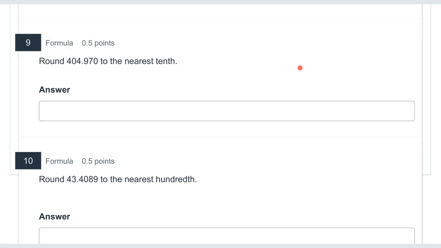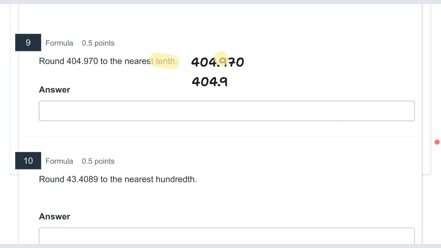Number 9, 404.970. We want to round it to the nearest tenth. That 9 is in the 10th spot. Be careful with a 9. Right? So when we write the number below this, nothing changes, and I just stop at the 9.